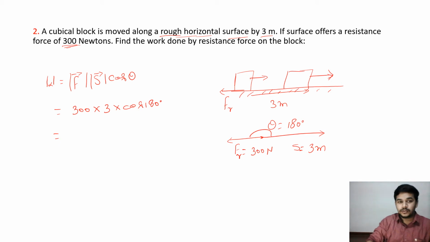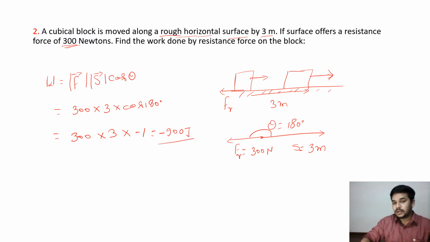So let's substitute 300 into 3 into cos 180 degrees. Every person knows it is minus 1, so this work will become 300 into 3, minus 900 joule. Minus 900 joule. So here you can see the work done by friction will become negative.